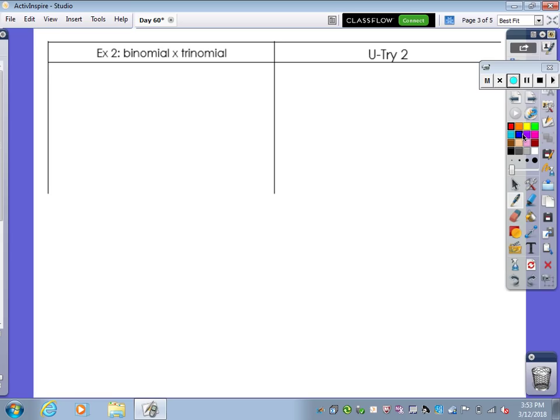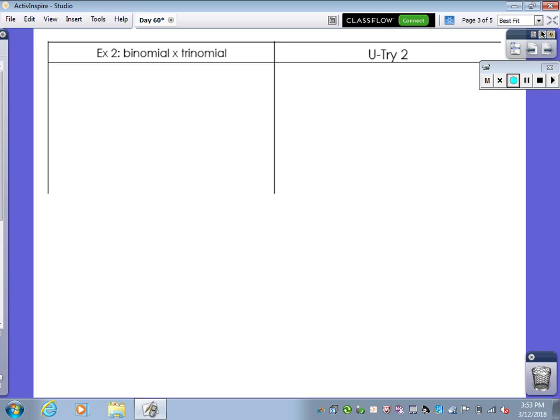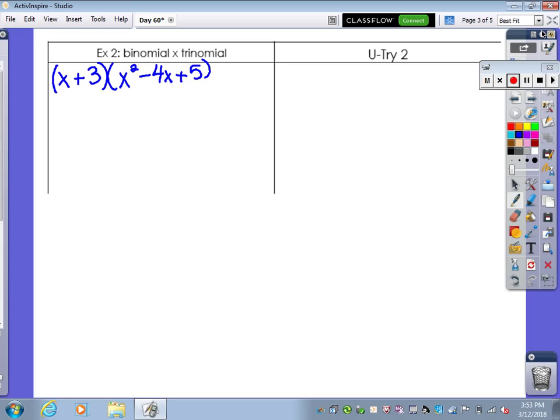Okay, now we're going to go on to a binomial times a trinomial, which is 2 terms and 3 terms. Same idea. If you can distribute, you can do any of this very easily. So first, I'm going to distribute the first term all the way through.